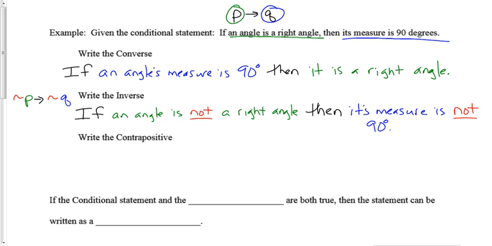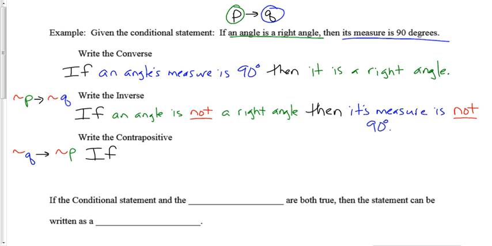So now we're on to the contrapositive. And again, if you need more time, pause your video. In the contrapositive, we're going to do both. We're going to not each thing. We're going to have an if-then statement. But we're also going to switch the hypothesis and the conclusion. So let's go ahead and start with our if.